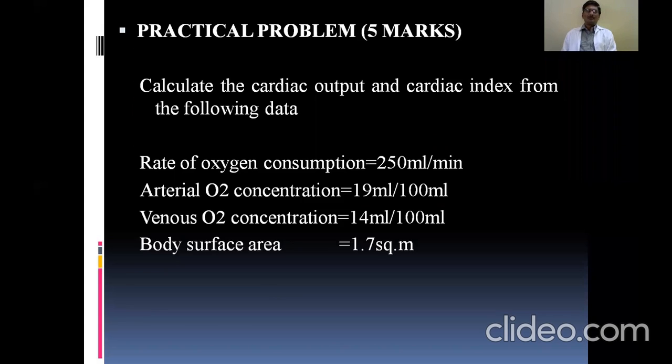The rate of oxygen consumption is equal to 250 ml per minute, arterial oxygen content is equal to 19 ml per 100 ml of blood, venous blood O2 content is equal to 14 ml per 100 ml of blood, and the body surface area is equal to 1.7 square meters.